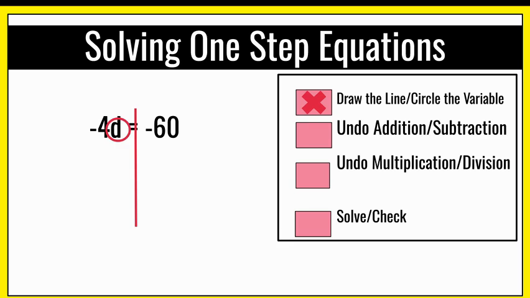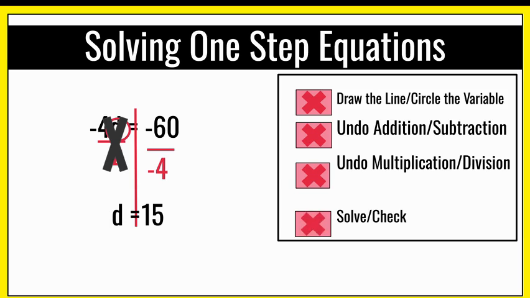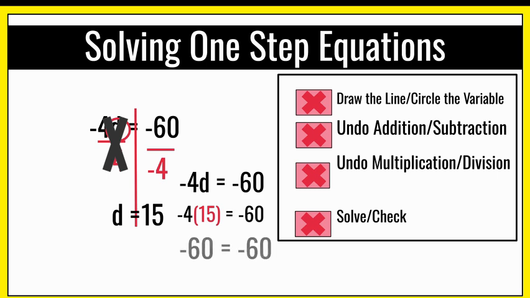When things are side by side, that means multiplication. I don't have addition and subtraction to undo here, so I'm going to go straight to the multiplication and division. Since I was multiplying by negative 4, I'm going to divide both sides by negative 4. Those will cancel. I'm left with d is equal to 15, because a negative divided by a negative is a positive. I can plug this back in just to check my answer. Negative 4 times 15 is indeed negative 60.